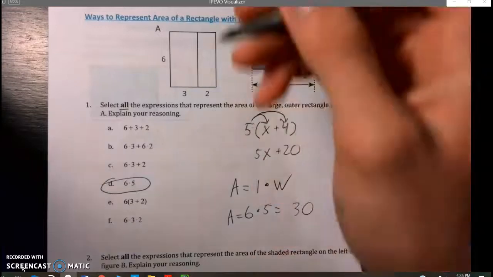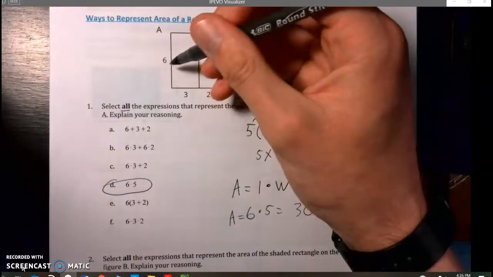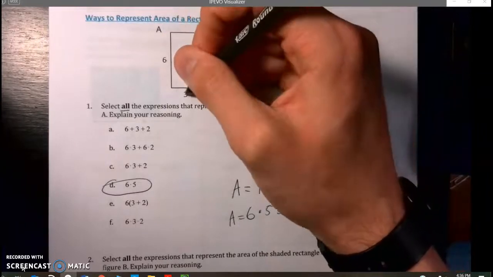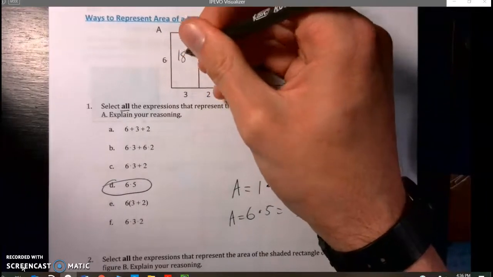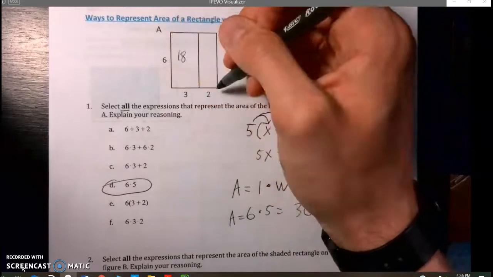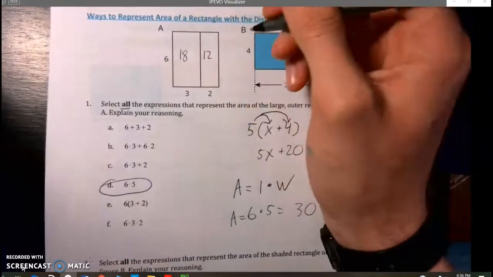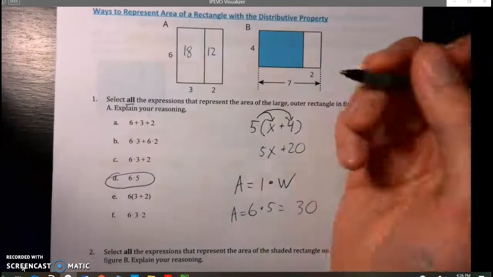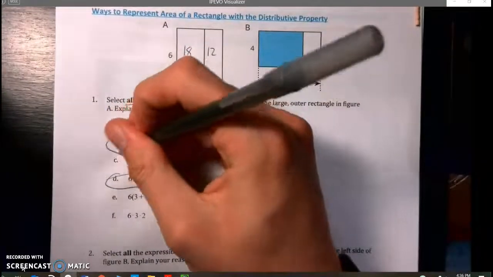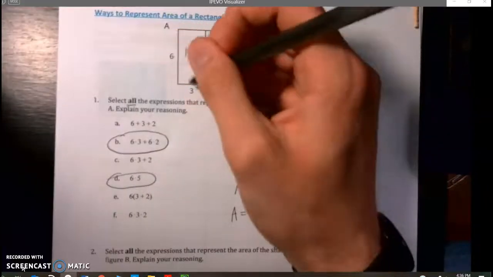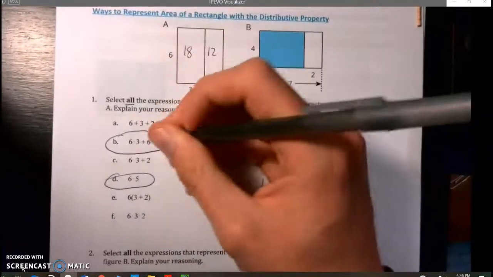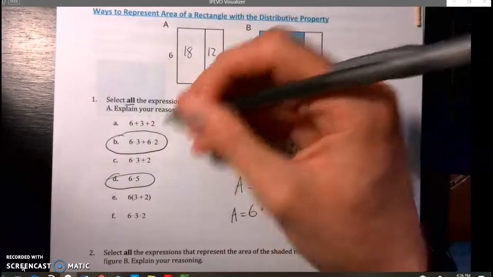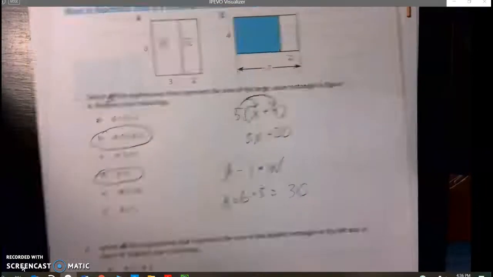Another way of doing it is if I multiply this length times this rectangle, so length times width, 6 times 3 is 18, and then 6 times 2 is 12, and if I put those two things together, 18 and 12, guess what? I get 30. So that is like B, where 6 is multiplying by the width in this rectangle, and 6 is multiplying by the width in this rectangle, and then I'm putting them together to get the same answer.